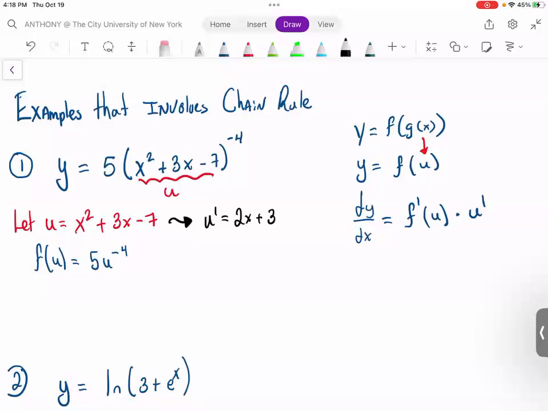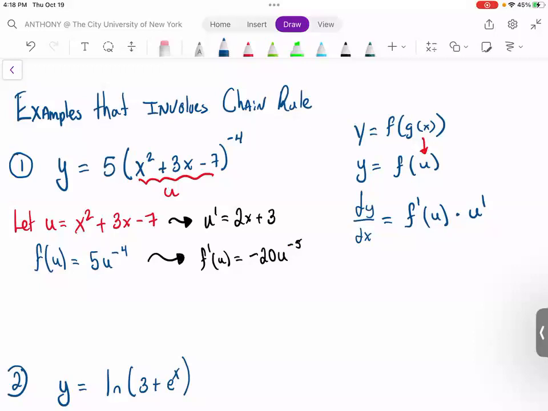Now, f of u is equal to 5u to the negative fourth power. So this implies that if we take the derivative with respect to u, you're going to get 5 times negative 4, which is negative 20, u raised to the power of negative 4 minus 1. Now, what is negative 4 minus 1? Negative 5.